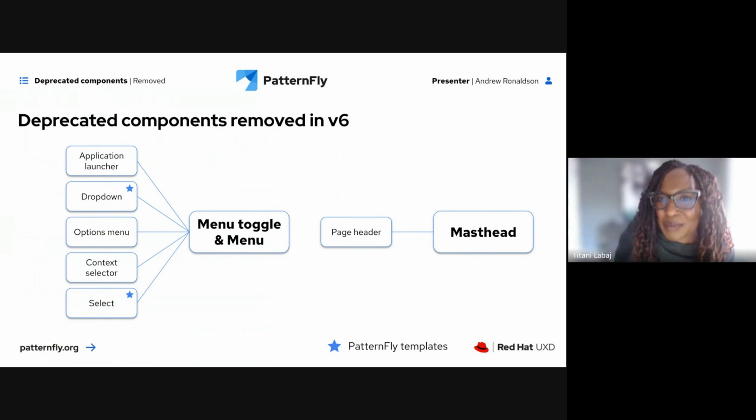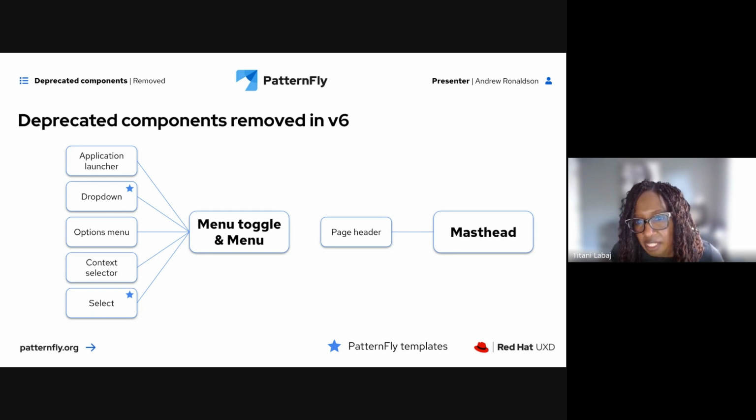All right. So we have some newly deprecated components in React, and we've actually removed some of the components that we deprecated in V5. So in V5, we deprecated the application launcher, drop-down, options menu, context selector, and the select. And they were replaced with the menu toggle and menu.